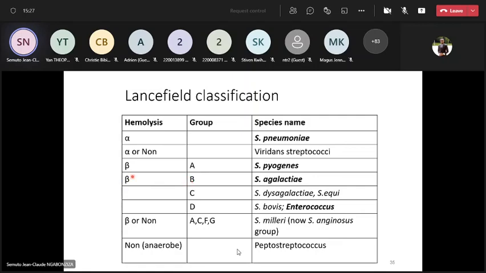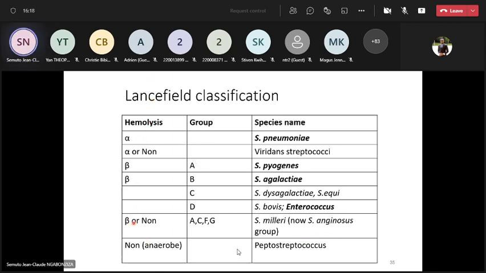Even if this also produces hemolysin that destroys red blood cells, the group B has its different antigen from A and from C or FG. And this criteria, Lancefield criteria, is based on the cell wall components, although all are made of this M protein. The antibody that is induced can agglutinate one of these and not others. And this is the base of classification by Lancefield.